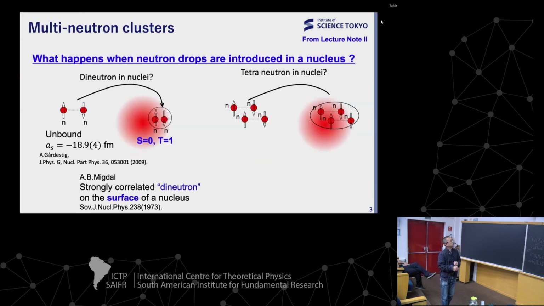Okay, this was already discussed. The question is what happens when neutron drops are introduced in a nucleus. So this was about dineutron, and this was about tetraneutron. So not only the pure neutron systems, we are also interested in tetraneutron inside a nucleus, if the correlation is stronger when 4 neutrons are inside a nucleus.